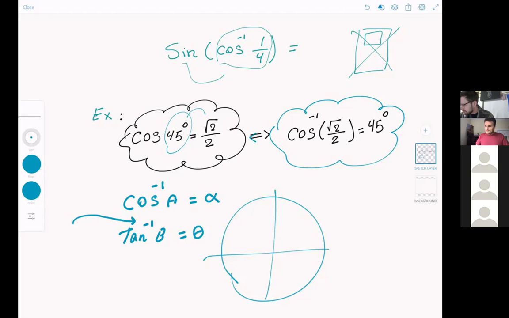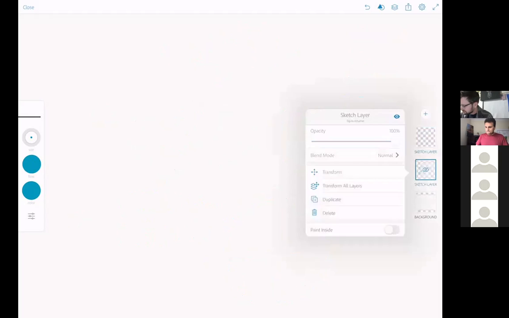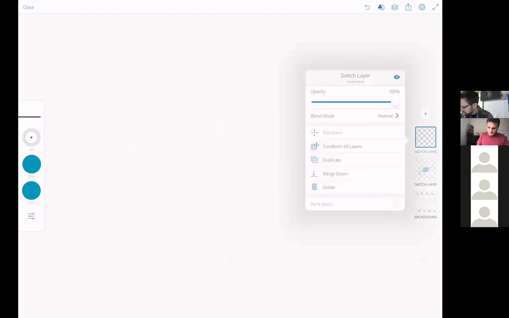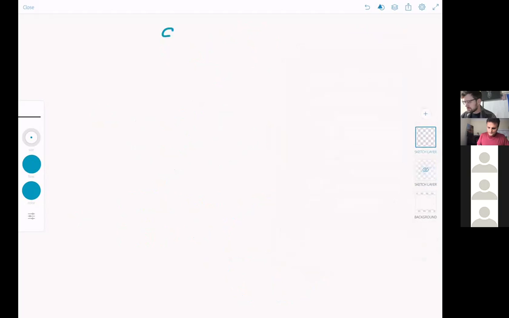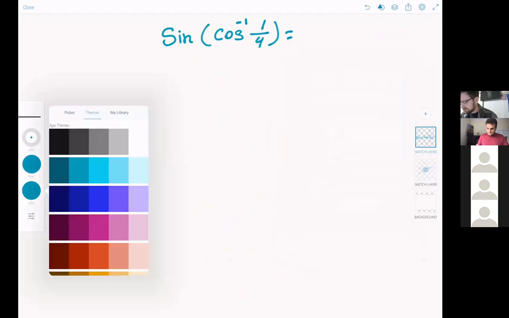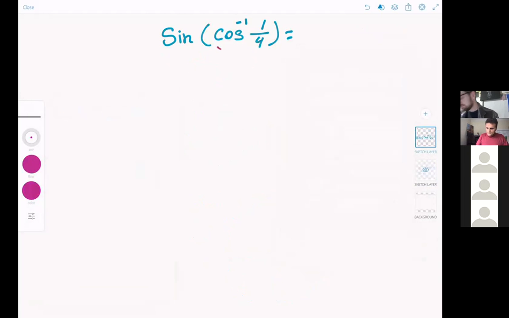So now we're going to go back to our question, which is sine of cosine inverse of 1/4. What is cosine inverse of 1/4?